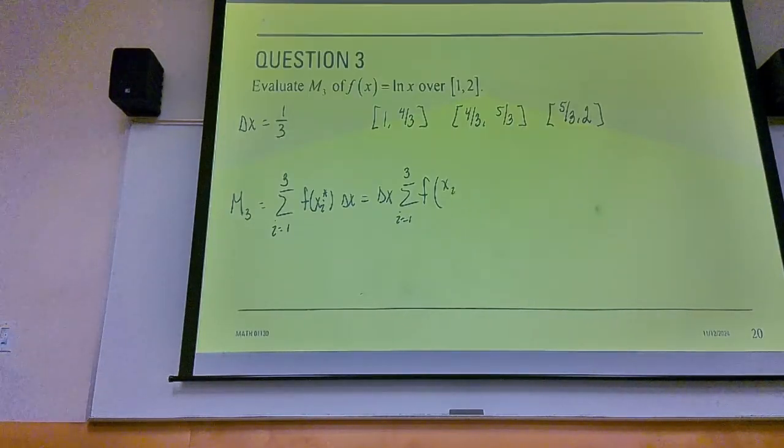Remember, midpoint of 2 points is just the average. Midpoint of 1 and 4/3.